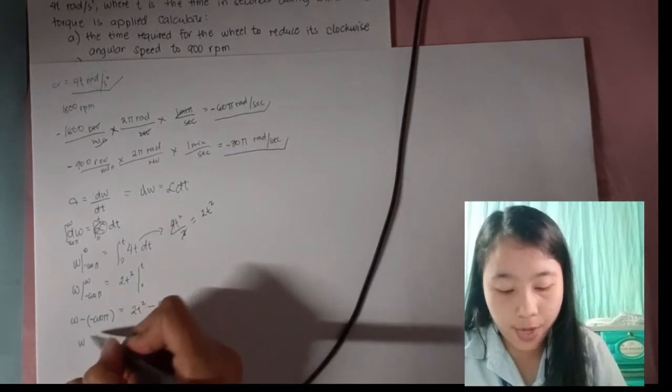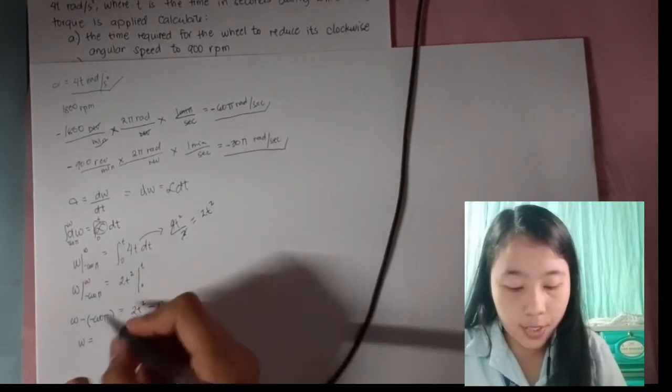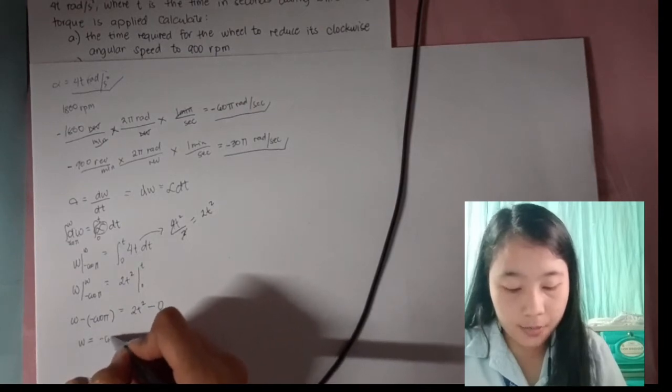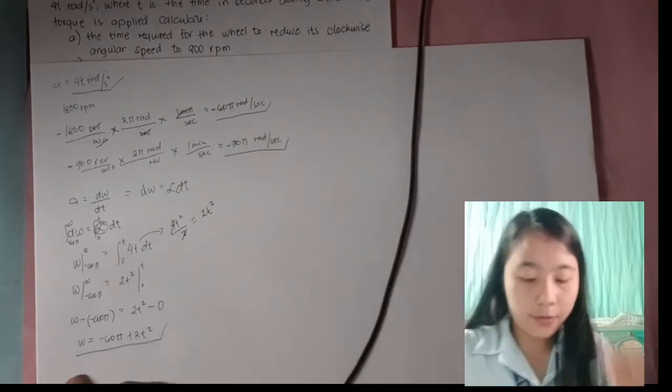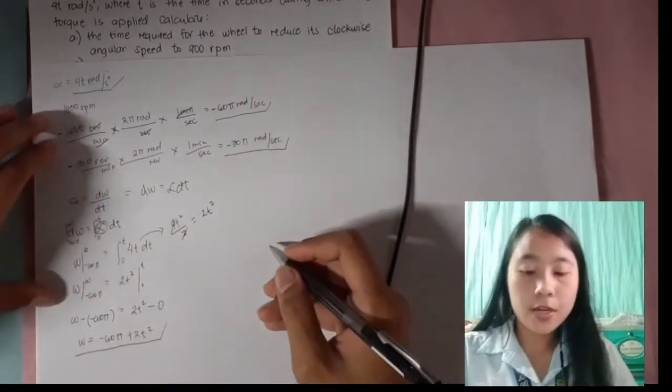So we have the value of omega equal to negative 60 pi plus 20t squared. So we have the equation for angular velocity.